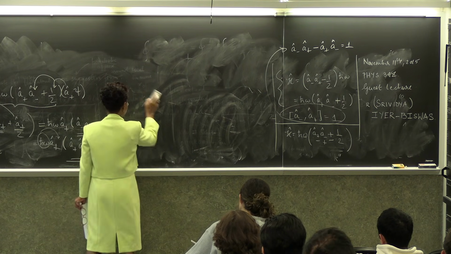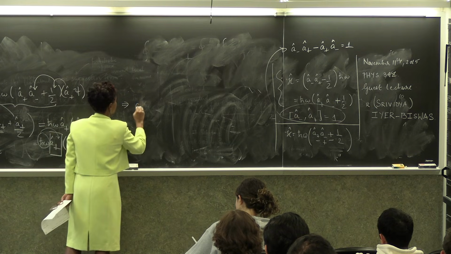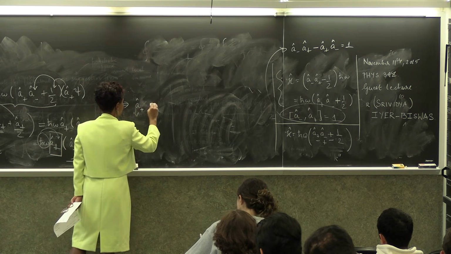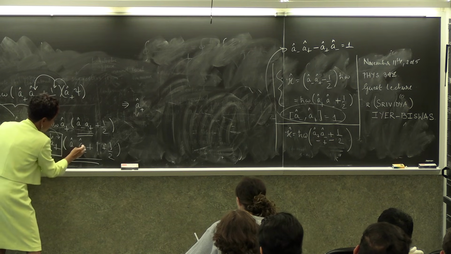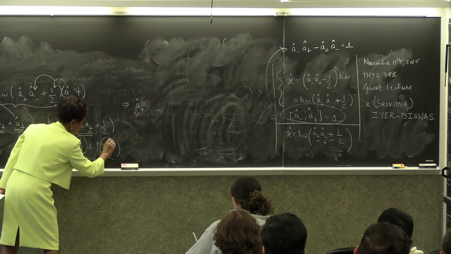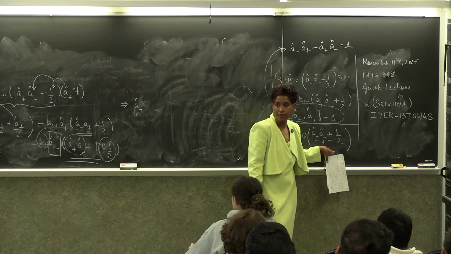Sorry, we have to keep track of this A plus. So A plus times the H bar omega passes through, and this term combined with this term is once again just the Hamiltonian. Read the top line.